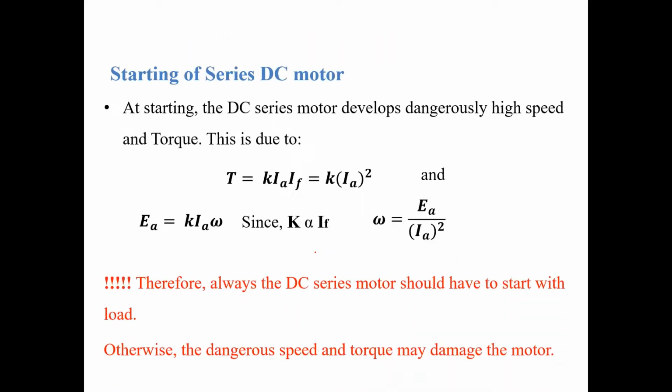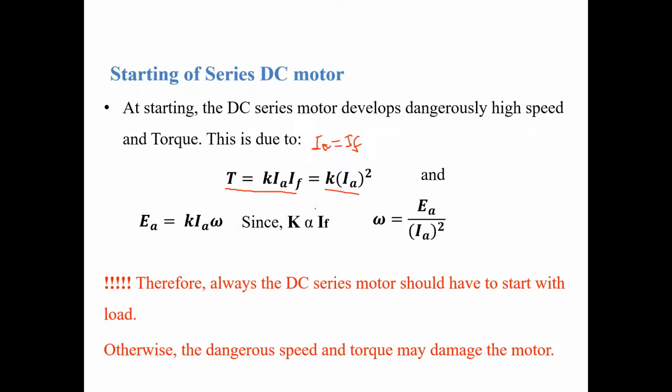Let us come to see the starting method of the series DC motor. Now, the problem of the series DC motor can be seen from the torque equation. This is the equation of the torque, K flux I_F. In series, since I_A is exactly equal to I_F, this equation can be written as K I_A squared.